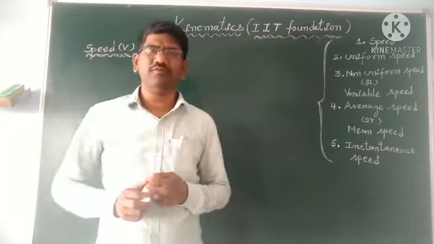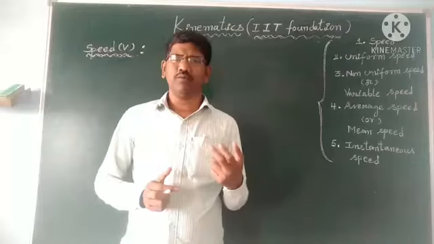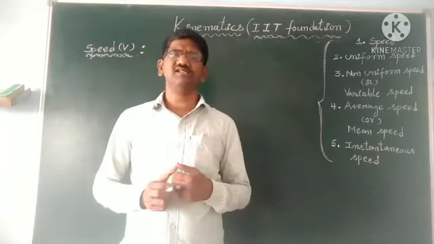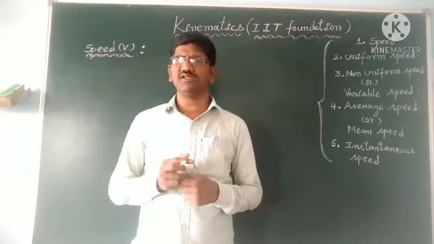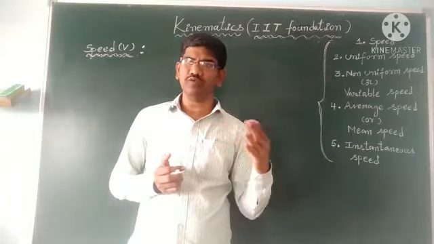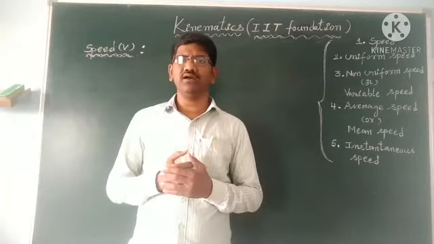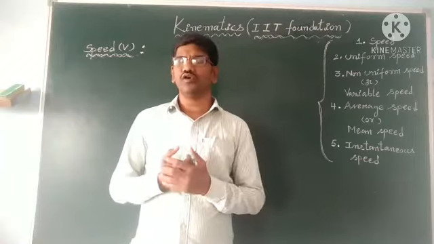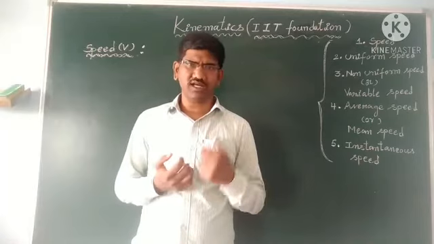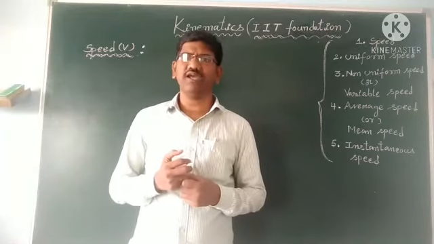For example, if we ask two boys to run on the ground, one boy covers the same distance in less time and the other boy takes more time. We say that one is running faster than the other. So we have to compare distance with respect to time. That physical quantity we have named speed.